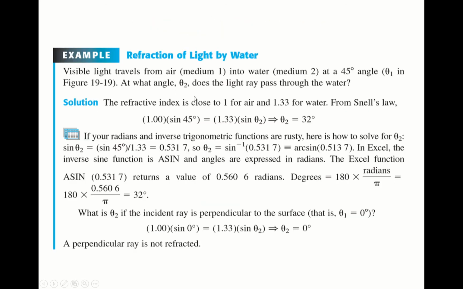At what angle theta 2 does the light ray pass through the water? It's very simple. You already know the refractive index of air and water, and you know the incident angle. Using Snell's law, you can very easily calculate theta 2 of 32 degrees.